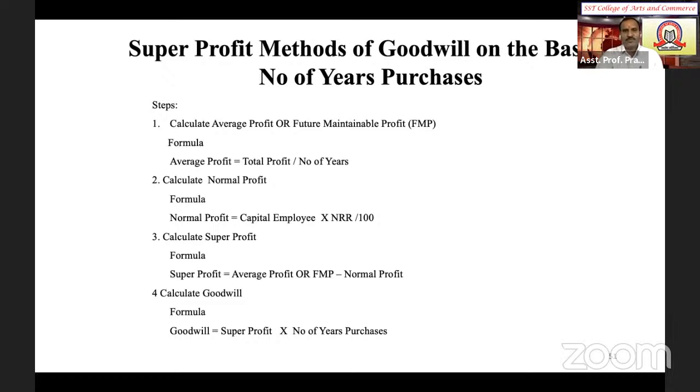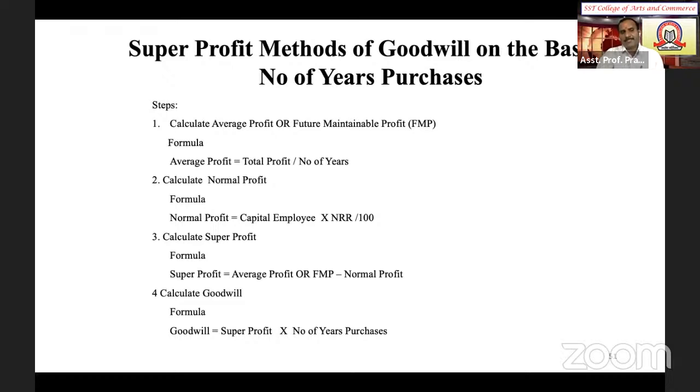Then step 2, my dear students, you must find out the normal profit. For calculating the normal profit, we apply the formula: capital employed multiplied by NRR, that is the normal rate of return, divided by 100. Sometimes capital employed is not directly given; you must calculate that by using the formula.